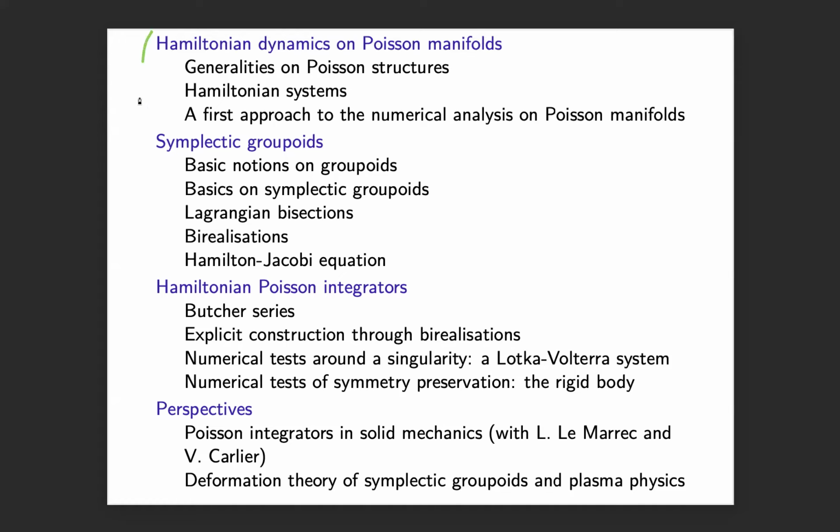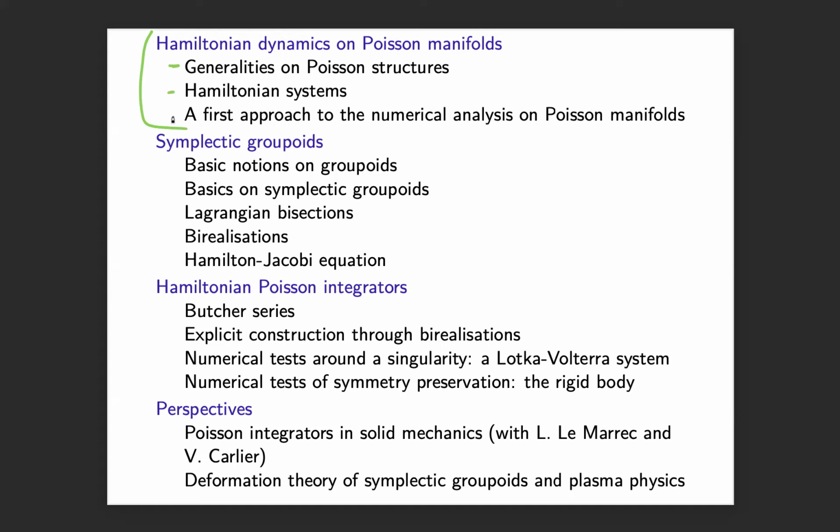Today we deal with the first section. We will see what a Poisson manifold is. This is the first line. What Hamiltonian systems are as dynamical systems on smooth manifolds.